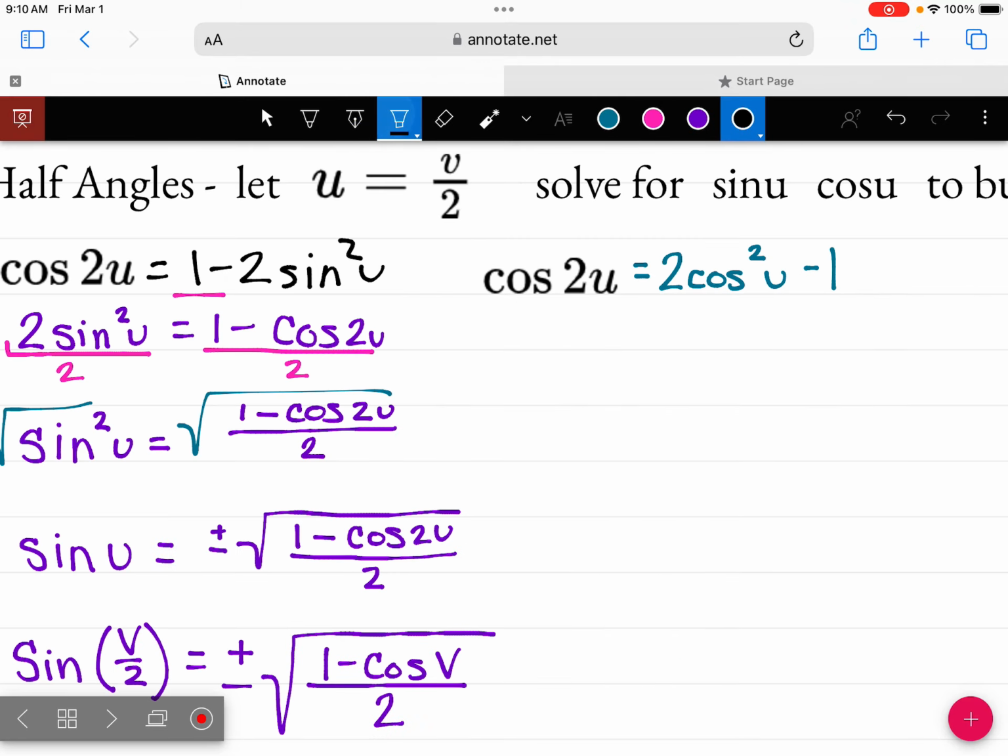So I did sine of u in purple, and I'm going to do cosine of u in this kind of blue. So we want to solve this, again, to isolate cosine. That's our goal here. Very similarly, I'm going to get my cosine by itself.